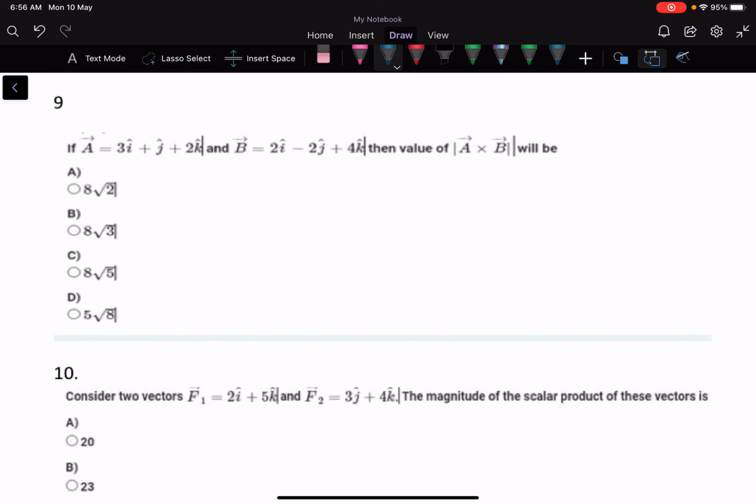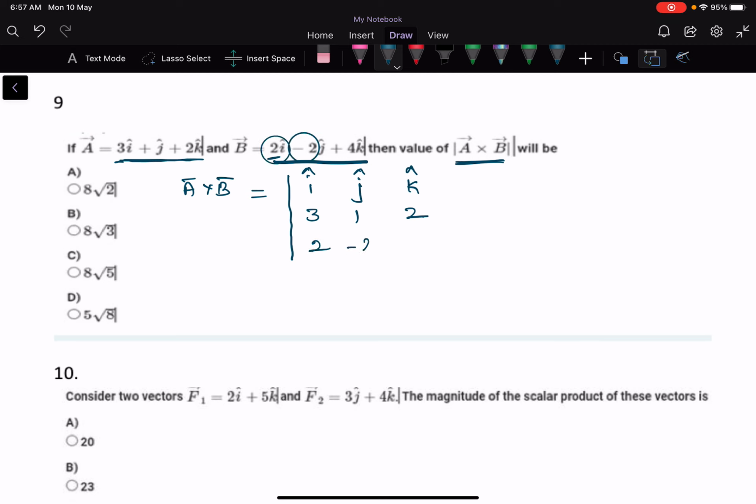Next, if A is equal to 3i plus j plus 2k and B is equal to 2i minus 2j plus 4k, then find the magnitude of A cross B. First find the A cross B value. A cross B is the determinant of a 3 by 3 matrix. In the first row we take i, j, k. In the second row we take the components of the first vector, that is 3, 1, 2, and in the third row we take the components of the B vector, 2, minus 2, and 4.